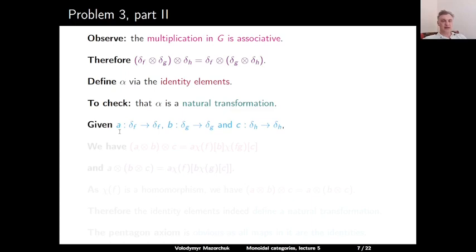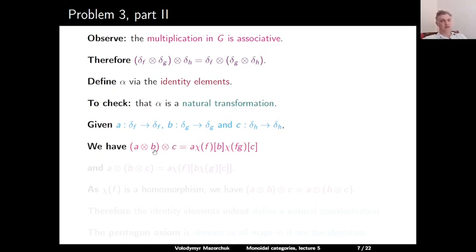Given an element A, which is a morphism from delta F to delta F, an element B, which is a morphism from delta G to delta G, and an element C, which is a morphism from delta H to delta H, the tensor product of A and B, tensored later with C, is equal to the following.